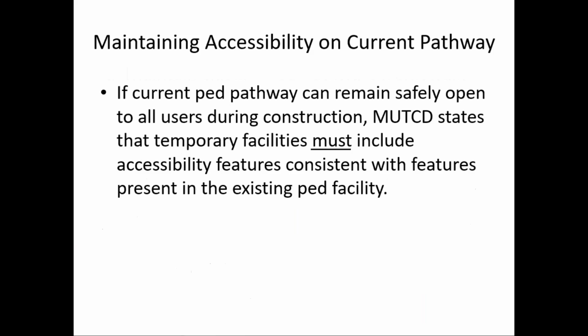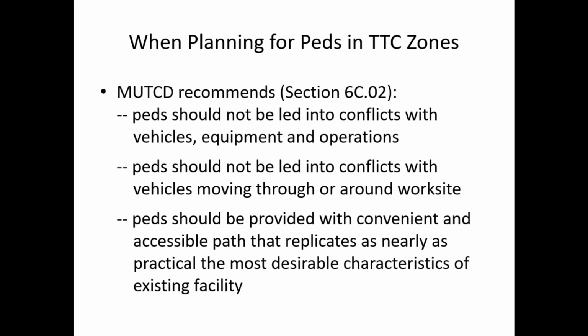If the current pathway can remain safely open to all users, the MUTCD states that temporary facilities must include accessibility features consistent with features present in the existing pedestrian facility. MUTCD also recommends don't lead pedestrians into conflicts with vehicles, equipment, or operations.